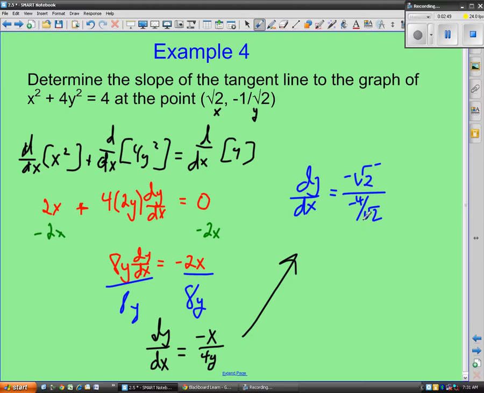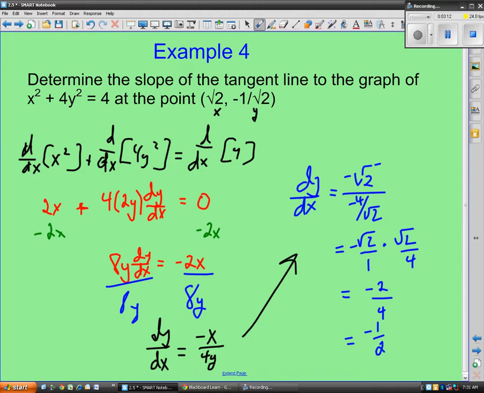Sorry, and so I multiply by the flip of that fraction, which will get me 2 on top, and the 4 stays on the bottom, because really I'm saying negative root 2 over 1, times the flip of the fraction on the bottom, which is root 2 over 4. Root 2 times root 2 is negative 2 over 4, which reduces to negative 1/2, which is the slope of my tangent line.